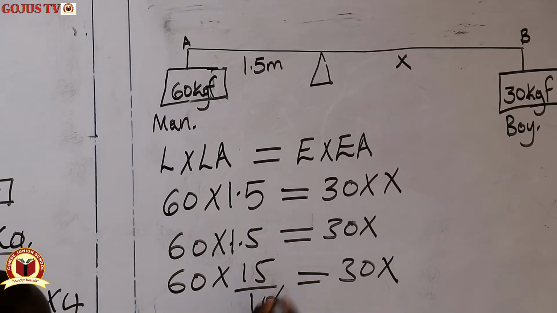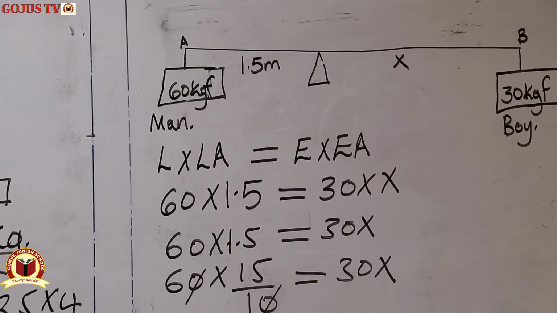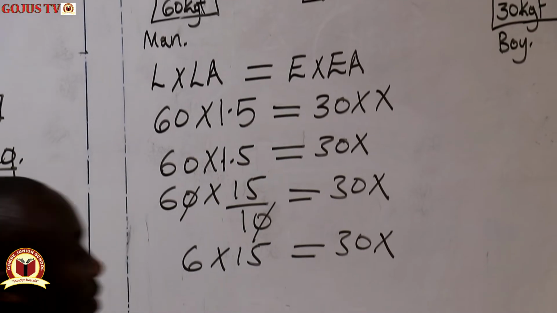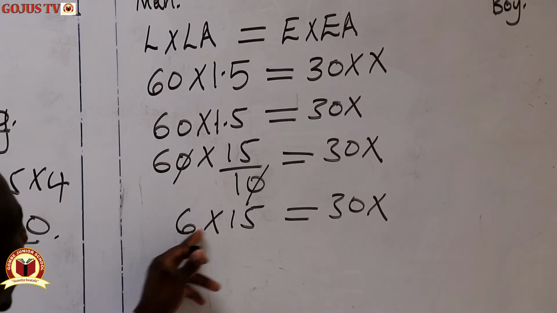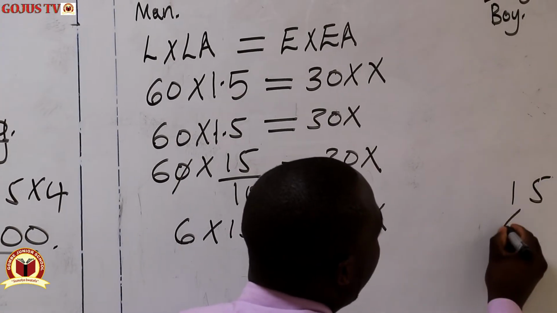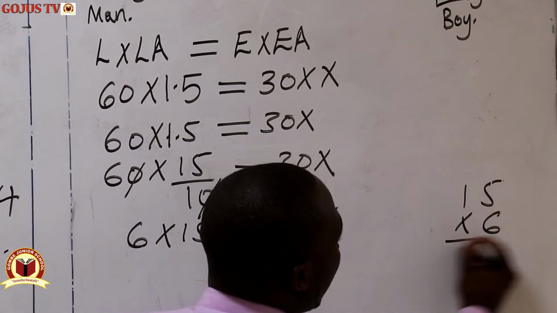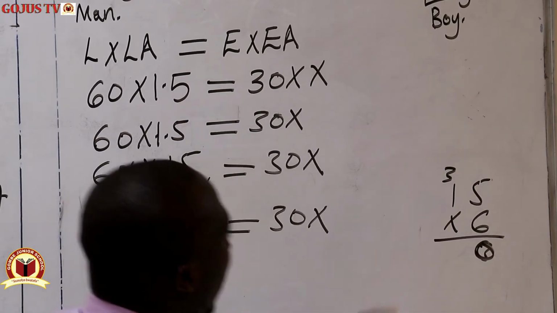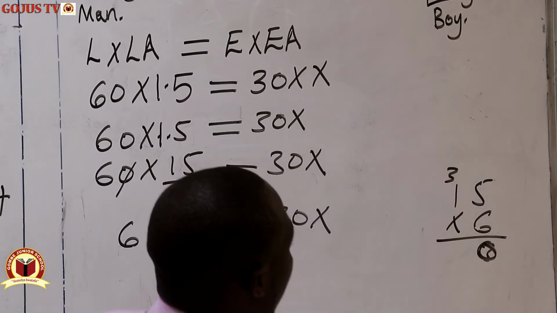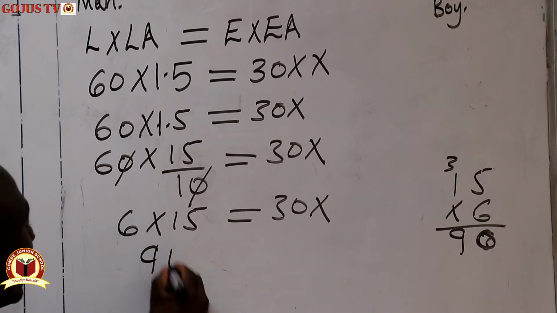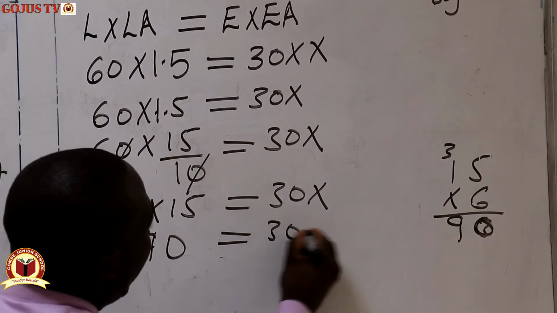When we cross this 0 with this one, we shall remain with 6 times 15, and this will be equal to 30x. This gives us 15 times 6. 6 times 5 is 30, we write a 0 and carry a 3. Then 6 times 1 is 6, plus 3, gives us 90. So 90 is equal to 30x.